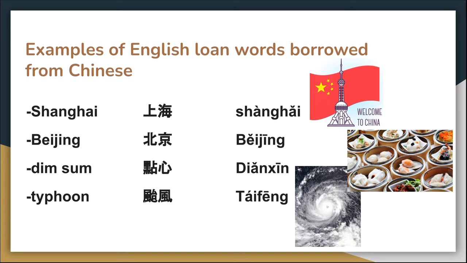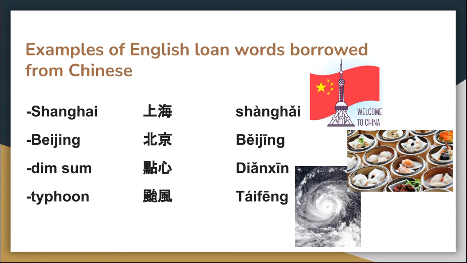Did you know that this word typhoon is a loanword? This one was actually a bit surprising for me. When I say typhoon, I never thought it would be a loanword because it just sounds like English to me. Particularly, I never thought this word was originally from Chinese.